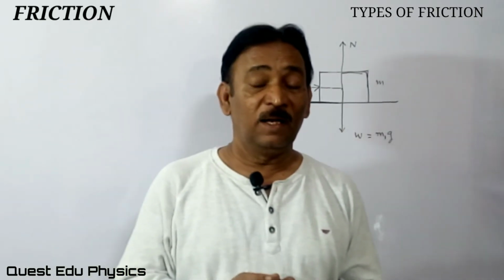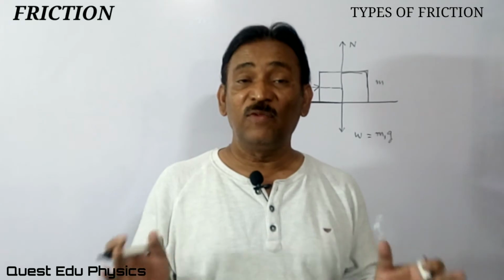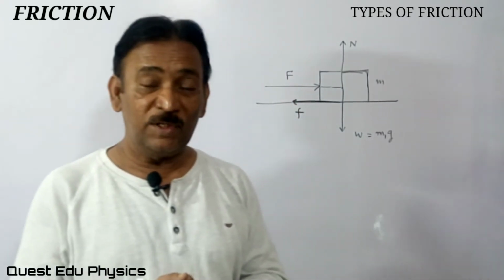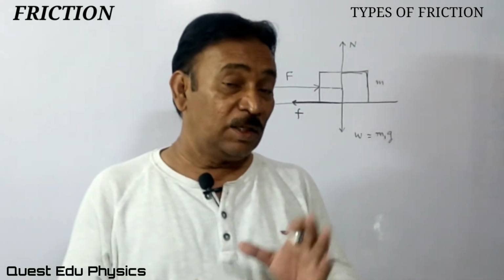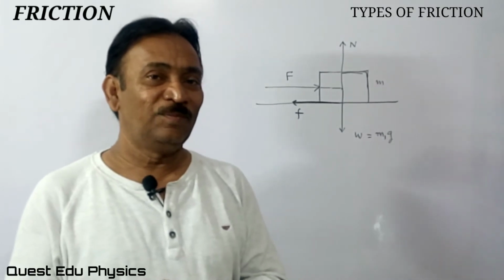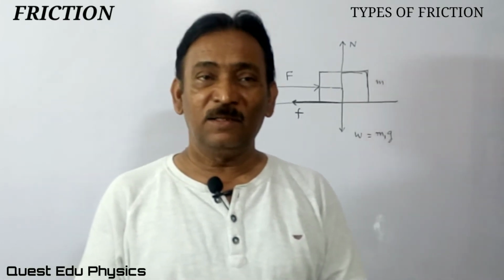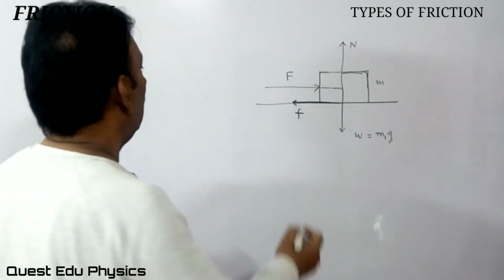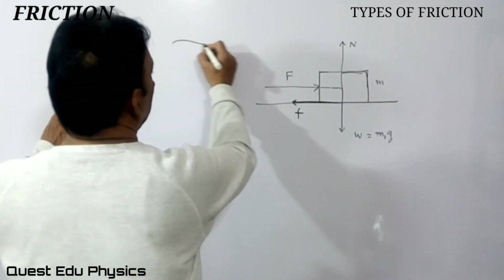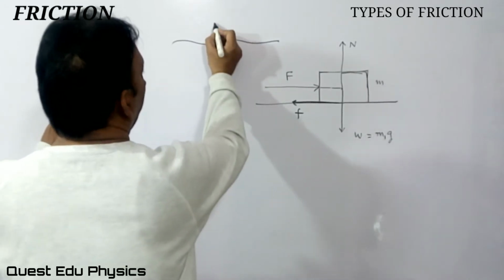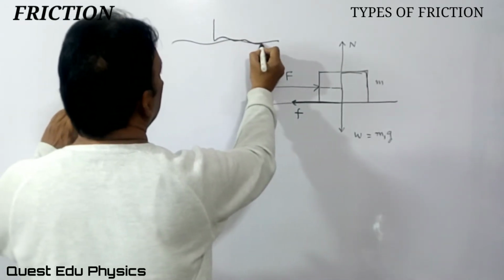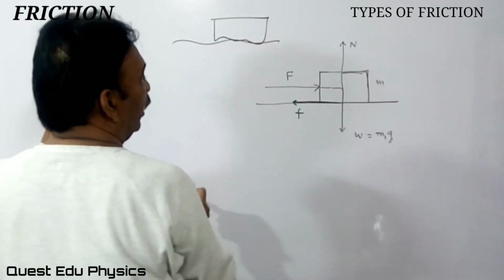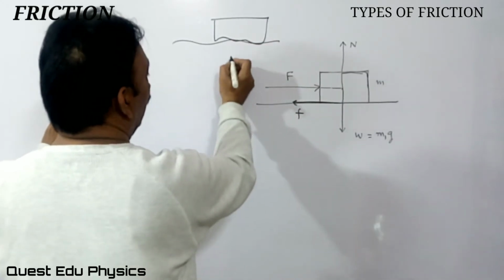What happens here? When one surface is kept over another surface, I said the surfaces have irregularities. The irregularities get locked with each other. Let's say it is one surface, it is irregular. I kept one more, it also has irregularity. Okay, when I kept it over, then what happens?